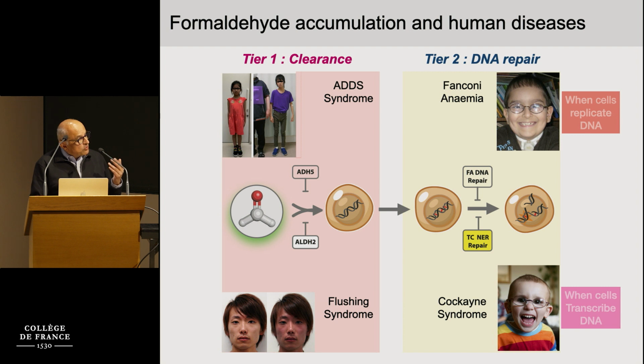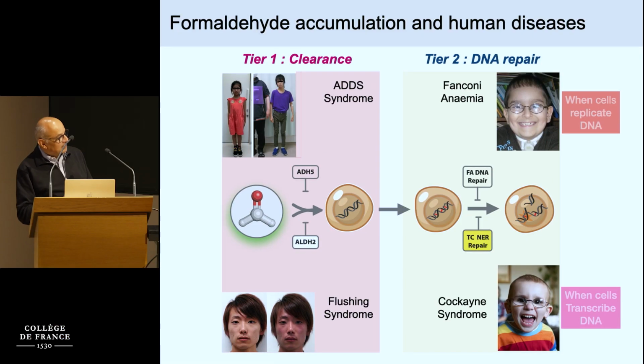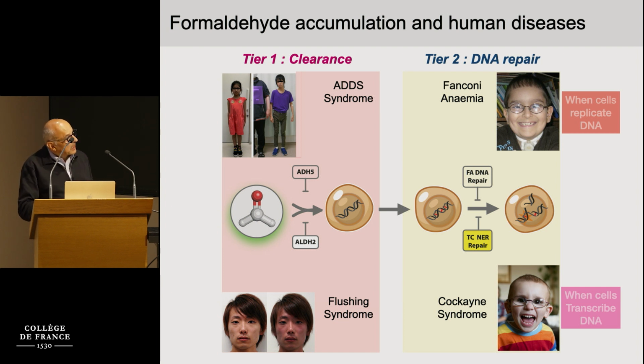But a couple of years ago, we also identified another repair pathway, which is the repair system that removes DNA damage that stalls transcription. And if you lack this, you get this disease called Cockayne syndrome, which is a premature aging disease, where you get neurodegeneration.